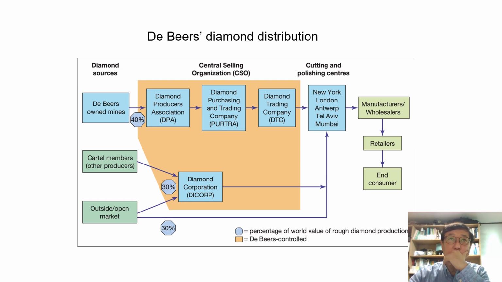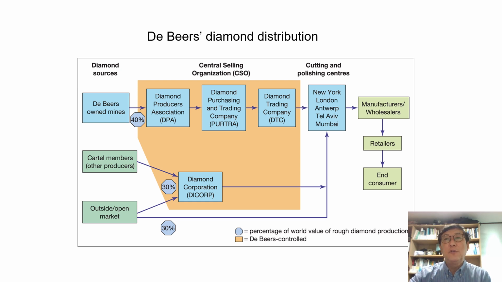It's the Diamond Producers Association, Diamond Purchasing and Trading Company, Diamond Trading Company, and Diamond Corporation. These are the CSO, and then they go to the cutting and polishing centers. So these are the raw diamonds, and then cutting makes them into jewelry. There are only 5 major centers in the world: New York, London, Antwerp in Belgium, Tel Aviv in Israel, Mumbai in India, and then it goes to the manufacturer and wholesaler, and then the retailer and end customer like us.